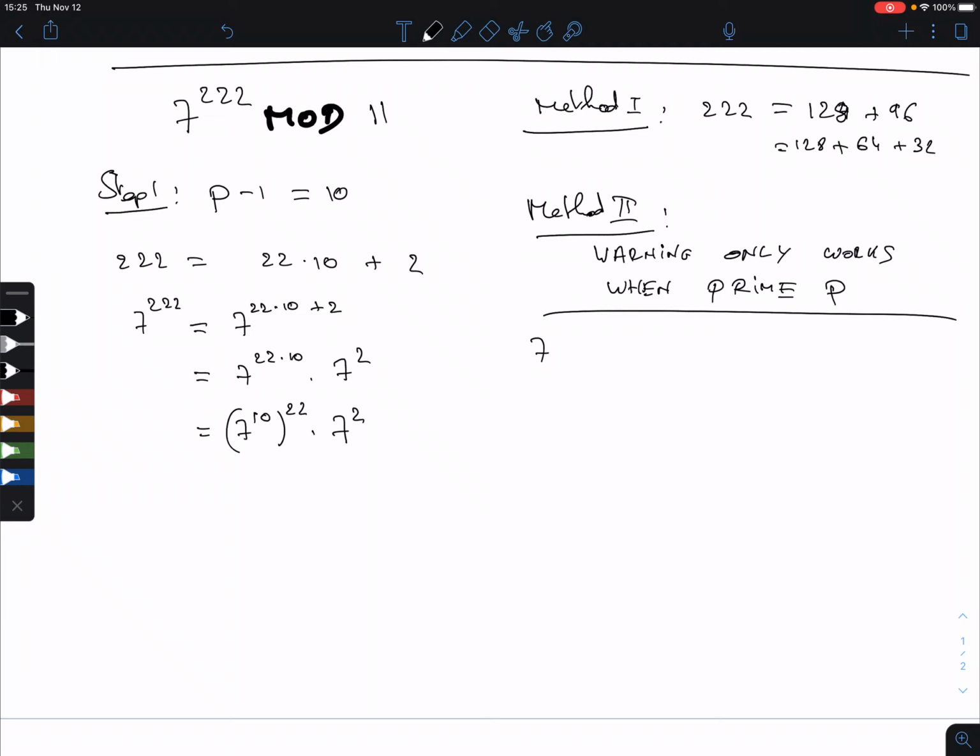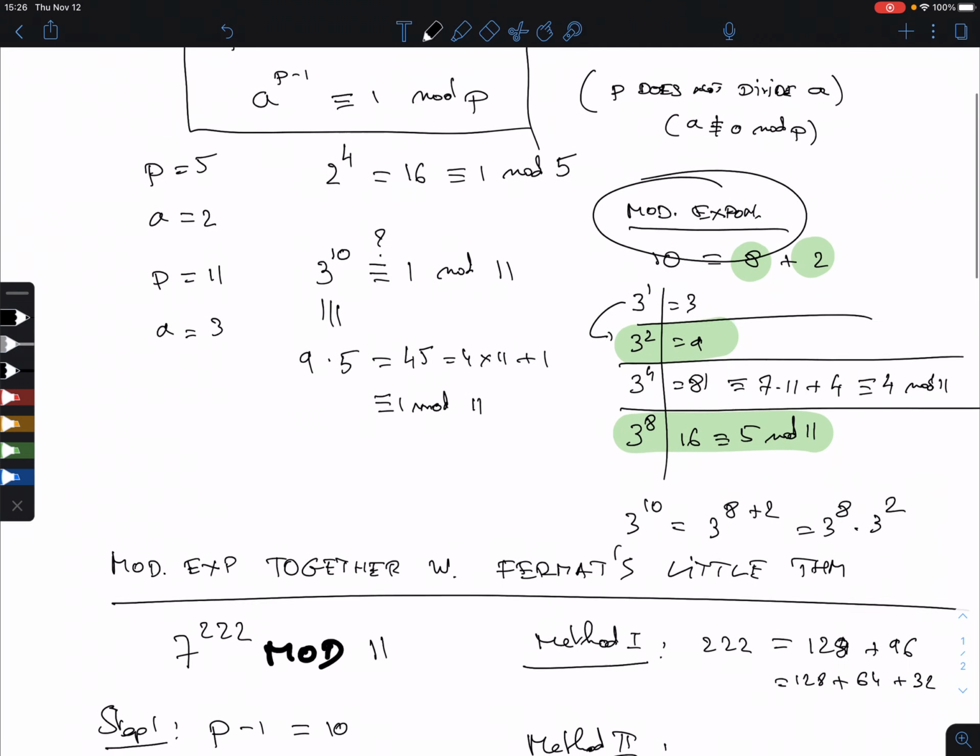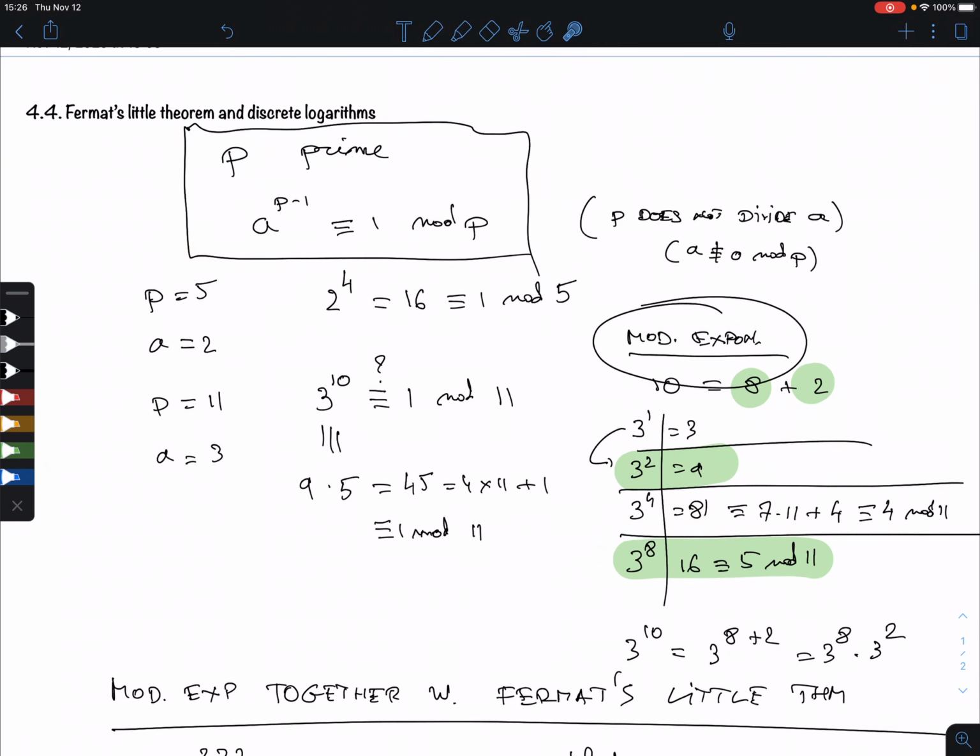So far I have just used rules of exponentiation, but here comes the crux. What is 7 to the power 10? That is equivalent to 1 mod 11. Why is that? That is exactly Fermat's little theorem. P is 11, A is 7, so we can apply it to 7.